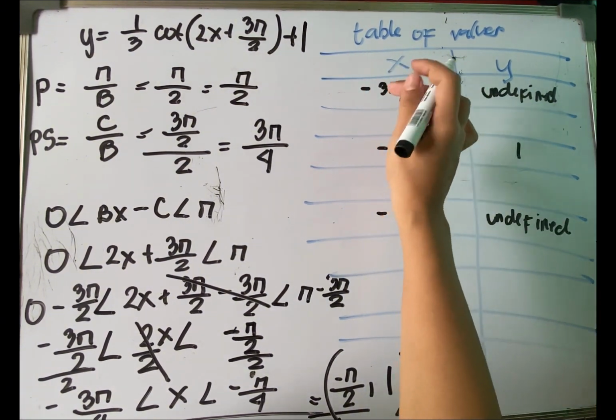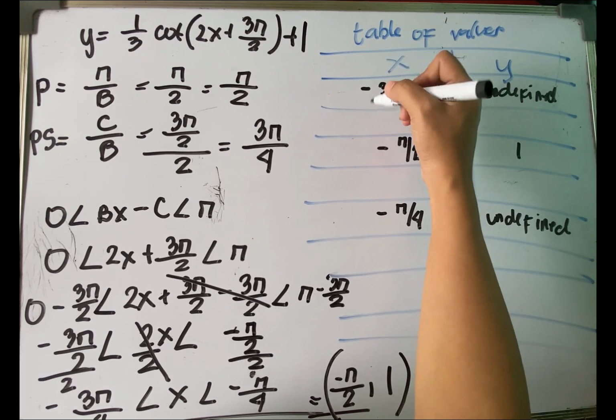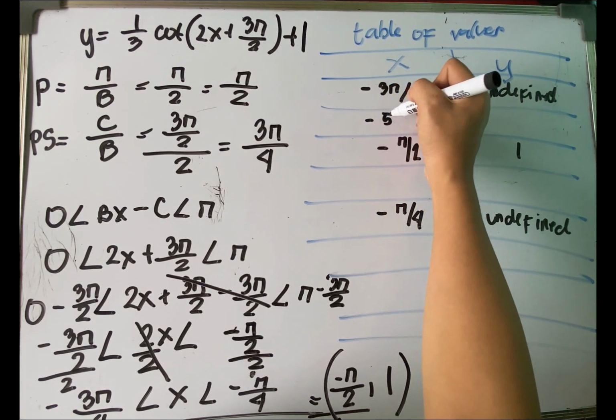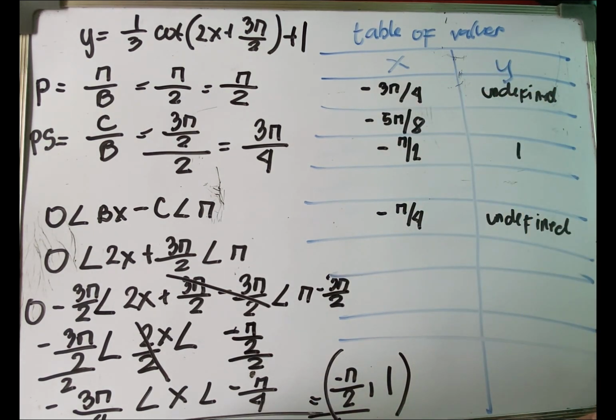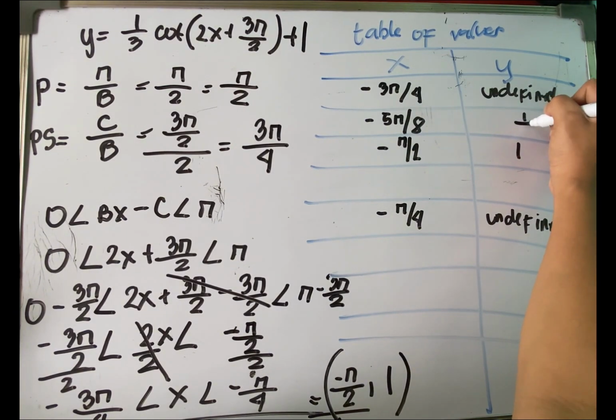We have to add these two and divide by 2 to get negative 3 pi over 8, and our a is 1/3, so we put the 1/3 here.